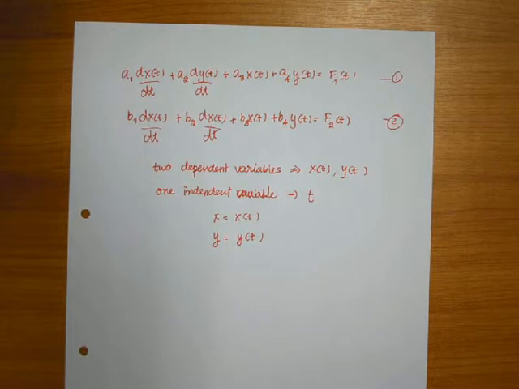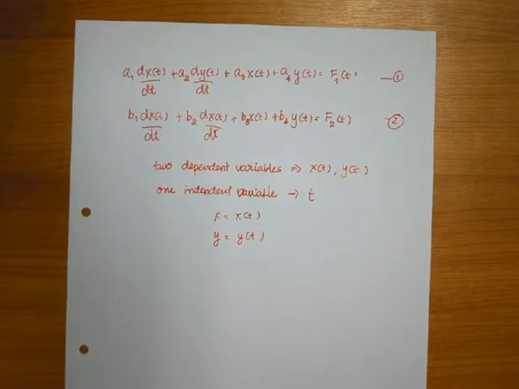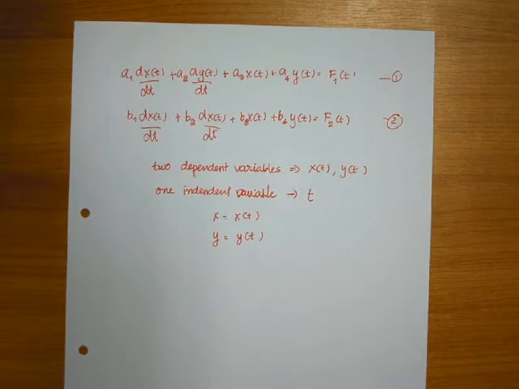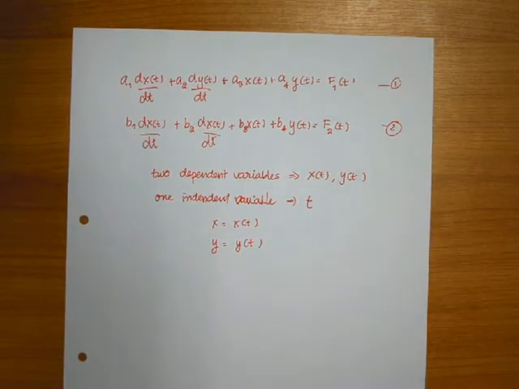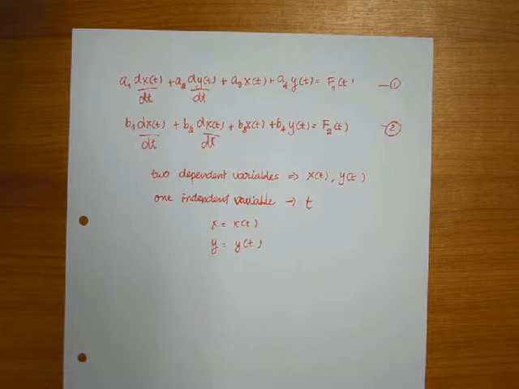So if you have a system like this, you can solve the differential equation by trying to make the equation itself in terms of one dependent variable. And the way that we can do that is by using Cramer's rule from matrices.